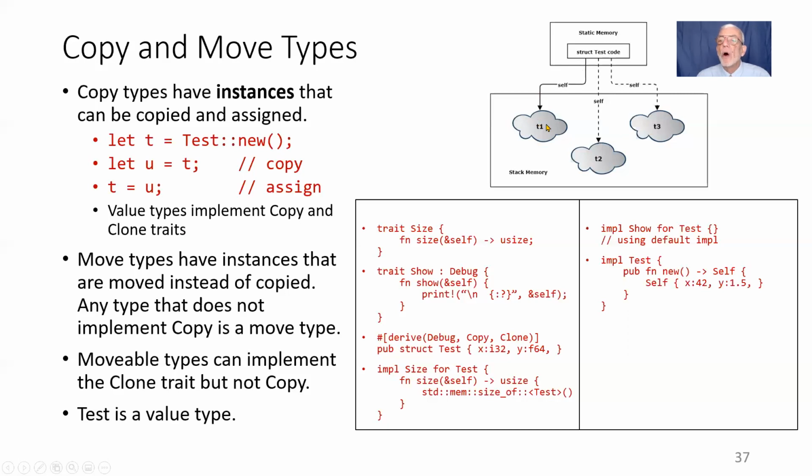There's a slot here in this test code for the self pointer, and only one. When I have called the method on T1, it sends its address, its self-reference, to the code. And then when the code needs to mutate it, if it's going to, it uses that self pointer to mutate it. It's the same for other objects, but only one of them is active at a time.